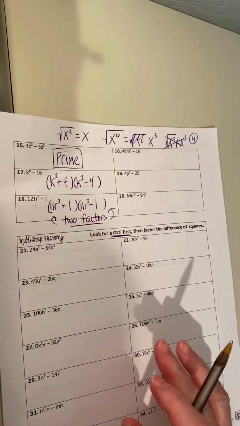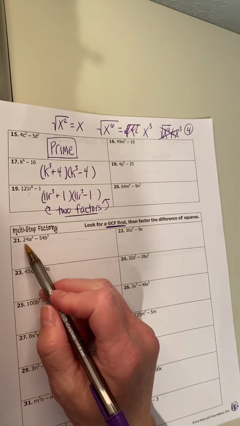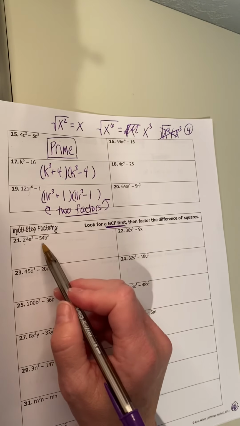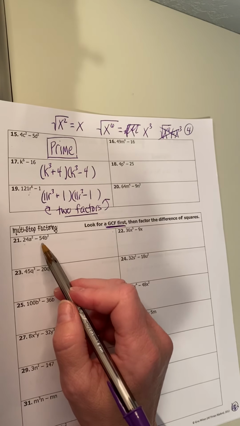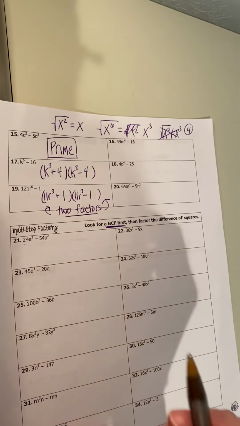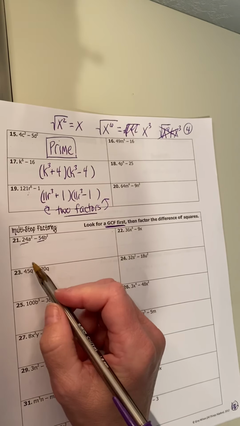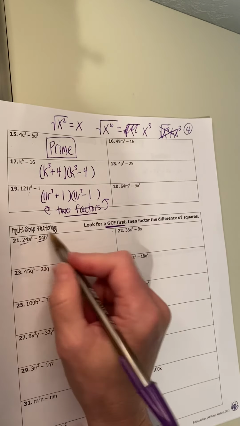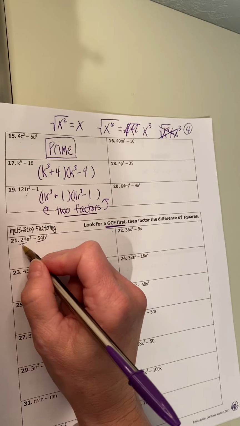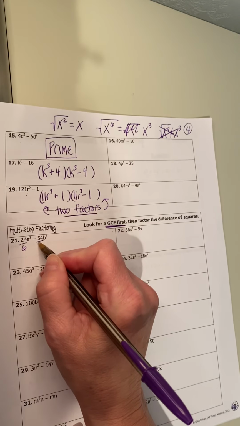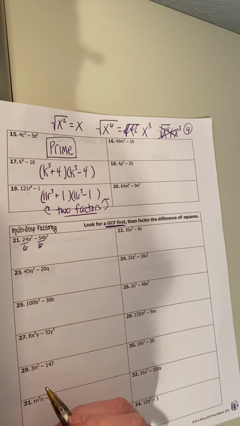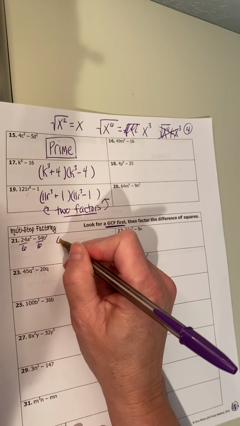So look at number 21. 24 is not a perfect square. 54 is not a perfect square. But if I factor out a 6 from the 24 and the 54, there's my 6.